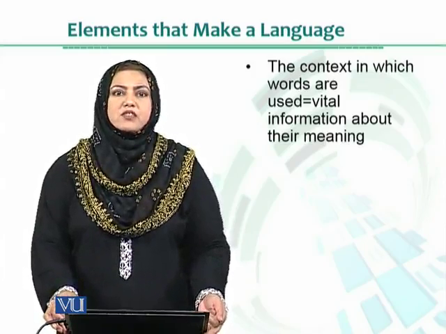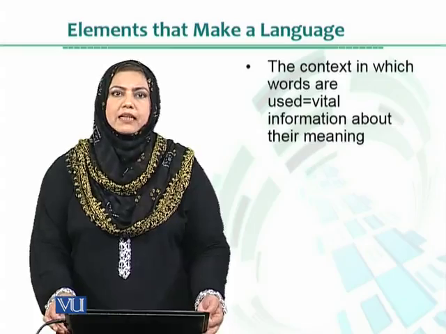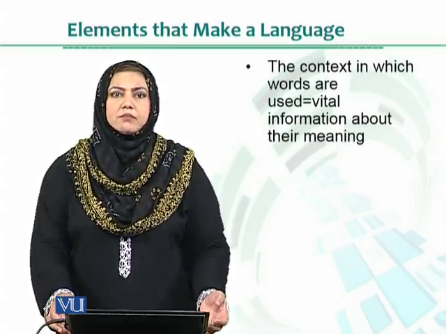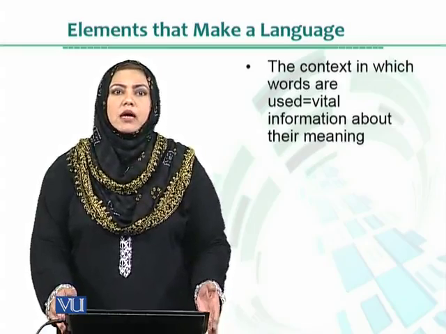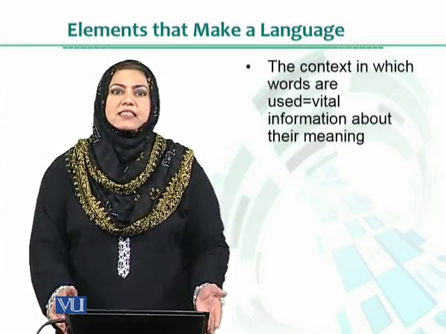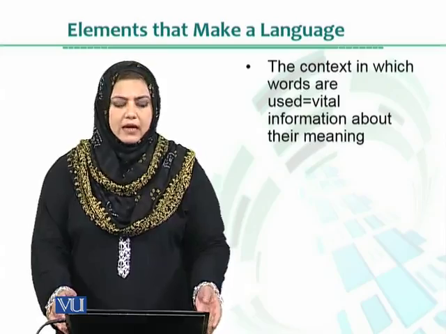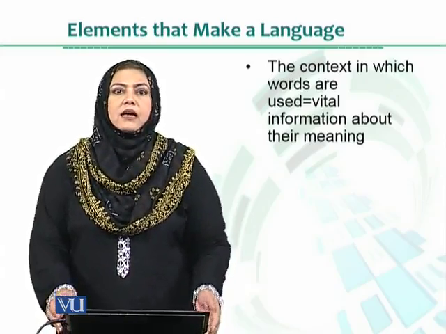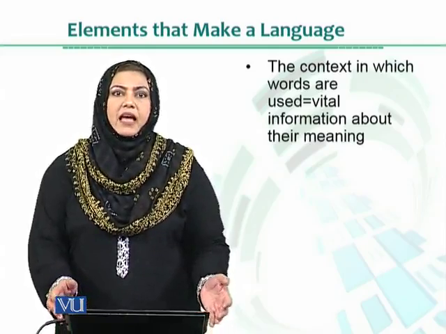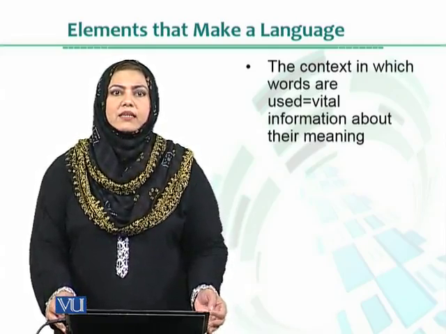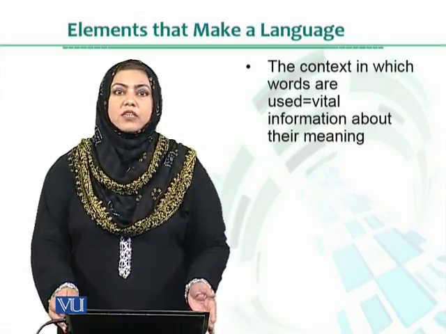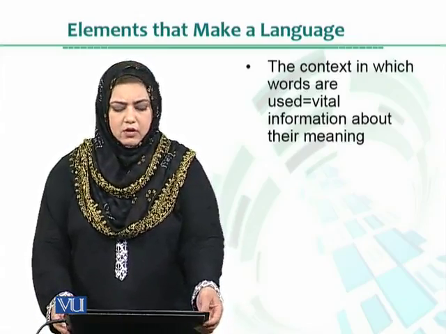Light can be a source of light, a source of illuminating something, and it can be a shade that is the opposite of dark. But it is the context that determines that. Whether you are referring to something heavier or lighter in weight, or you are using it as a source of light, would depend on the context.